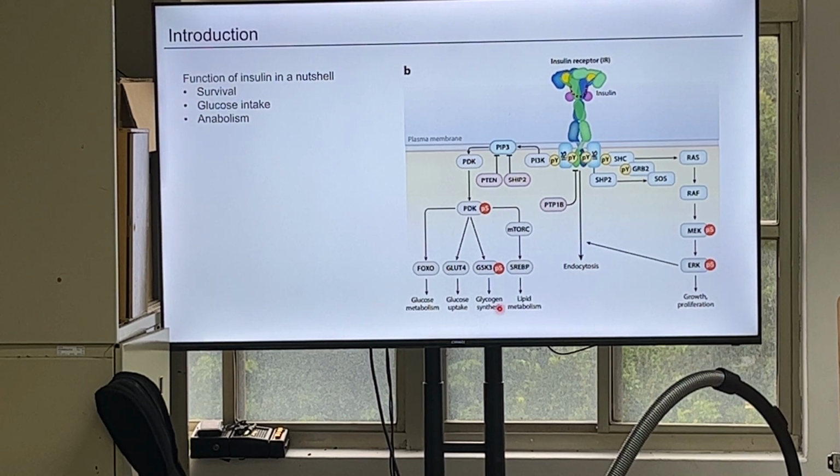Glycogen is mainly synthesized in the liver, and it starts from something like a primer. There is a lot more upstream of what glycogen synthase kinase can control.